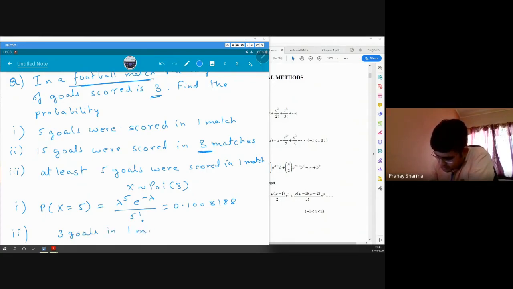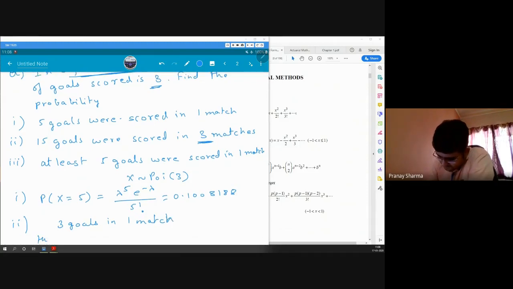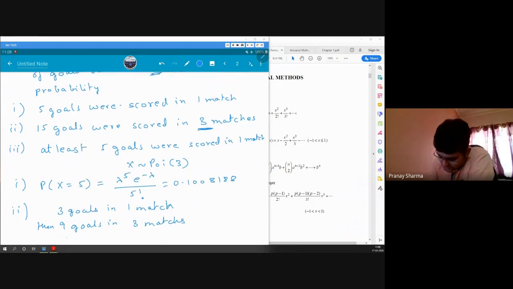So this becomes our average. So our new lambda, I will write it as lambda 2, becomes 9 now.